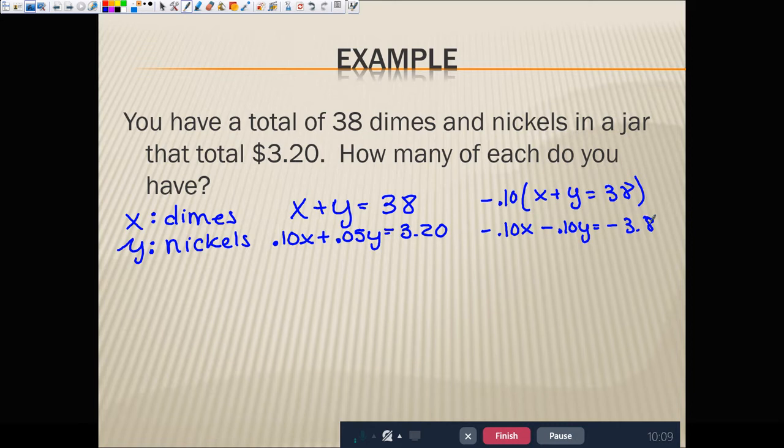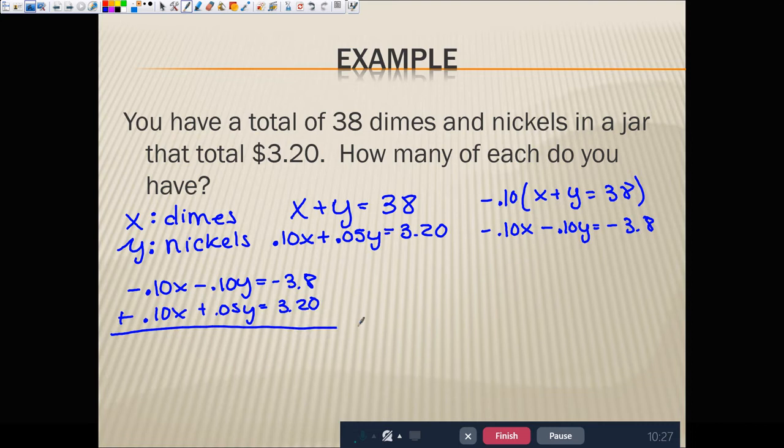I'm gonna set up my system of elimination problem. My x's cancel out. I'm left with negative 0.05y equals negative 0.6.